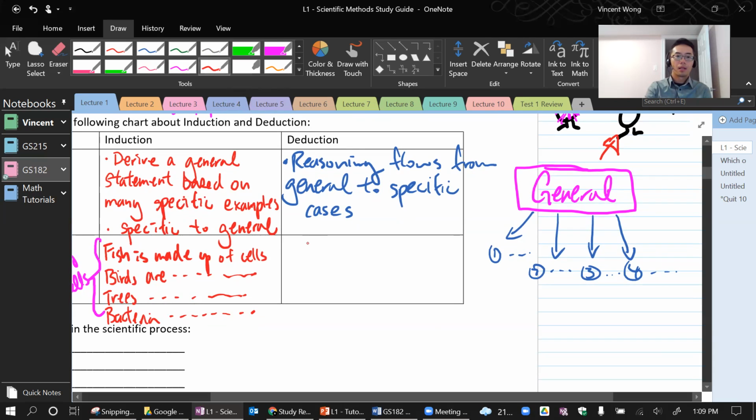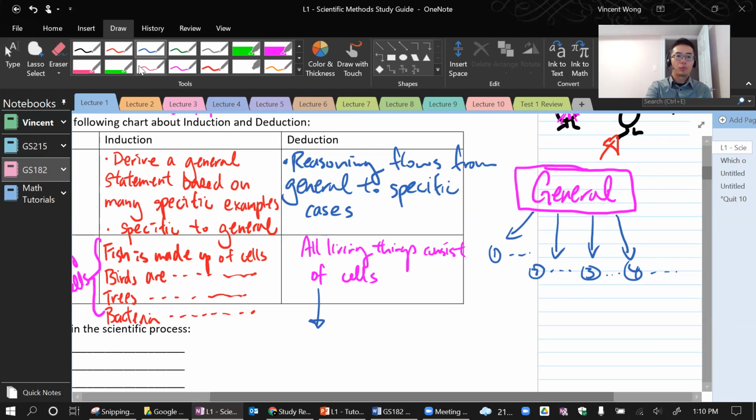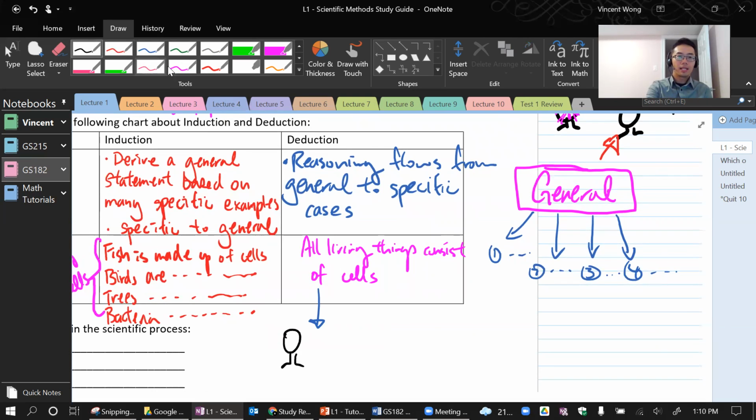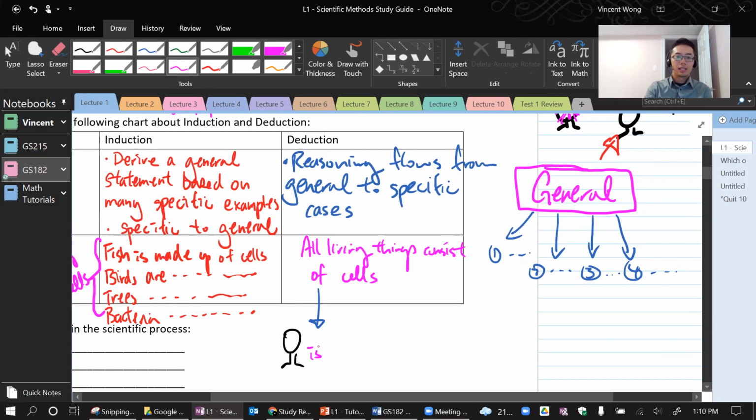Example. So a related example would be, you start with all living things. All living things consist of cells. And then you would apply it to one situation. You'd be like, this furry thing that I was talking about, this is a living thing.